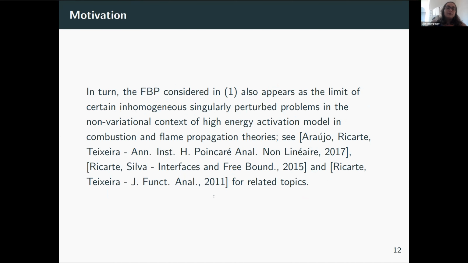In turn, the free boundary considered also appears as the limit of certain homogeneous singularly perturbed problems in the non-variational setting of high energy activation models in combustion and flame propagation theories, as we can see in the works of Araújo, Ricarte and Teixeira in 2017, Ricarte and Silva in 2015, and Ricarte and Teixeira in 2011.